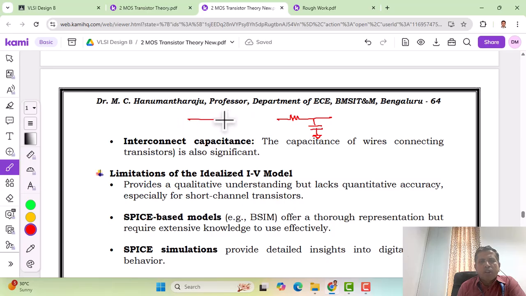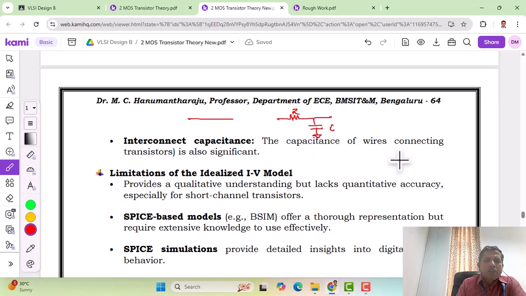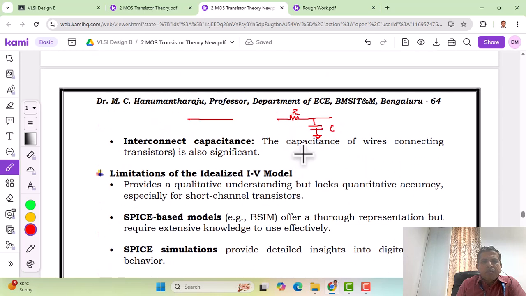We can model the entire wire with many RC sections like this, resistance and capacitance. And this capacitance needs to be charged and discharged so that the current can flow through the wire. So this capacitance also creates a delay from one transistor to another. Okay, and these are the things which have been included in the ideal IV model.